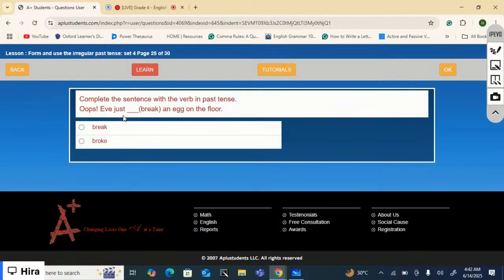Oops, Eve just blank an egg on the floor. It happens with most of us. Sometimes we do it.